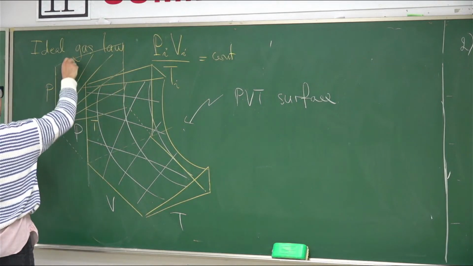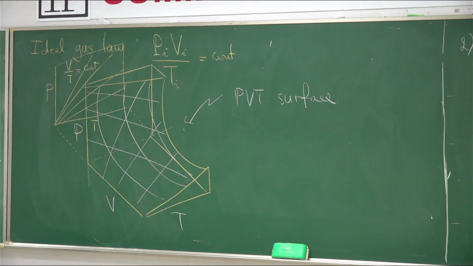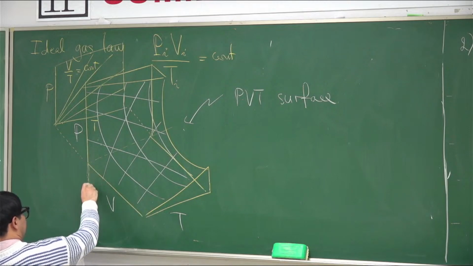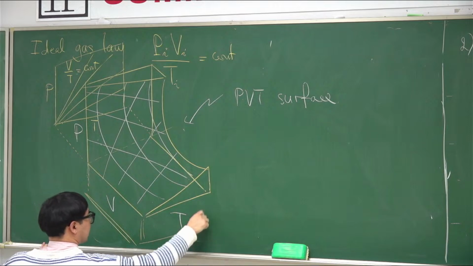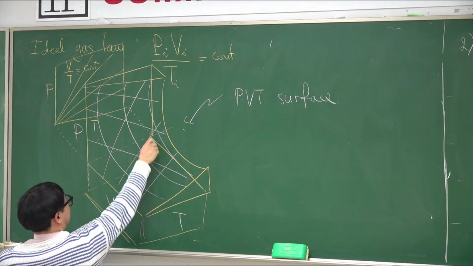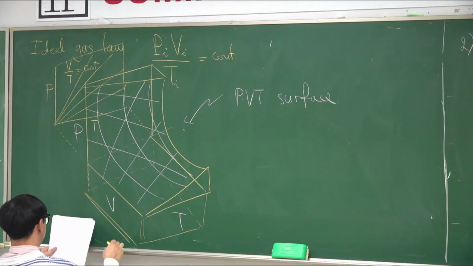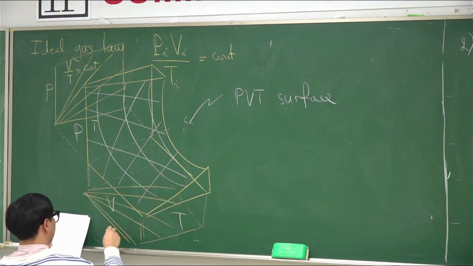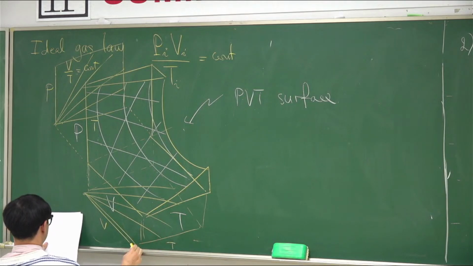And then you will have this as a constant, the ratio between the volume and the temperature, right? But if you project on this side, here, you're going to have this curve, and of course this is V and T, right?